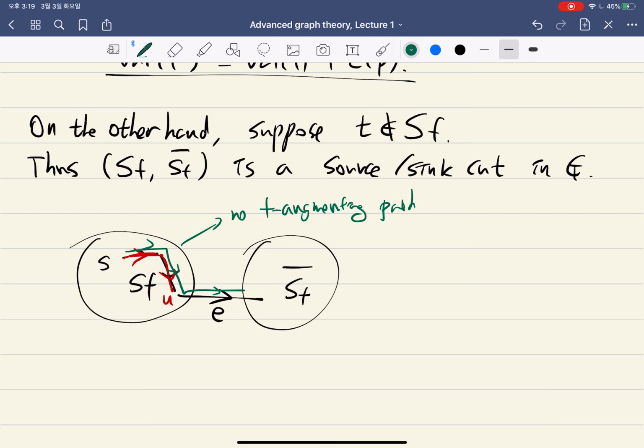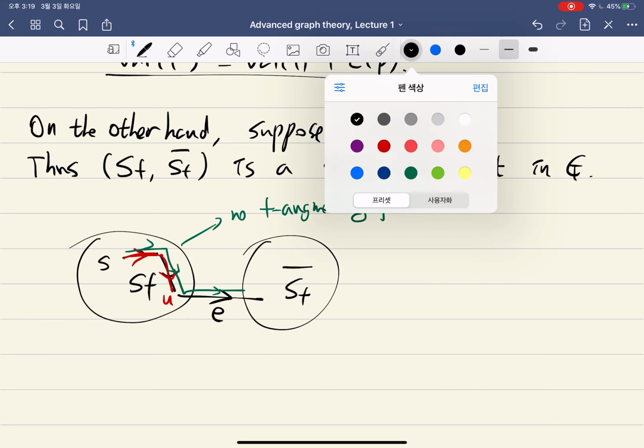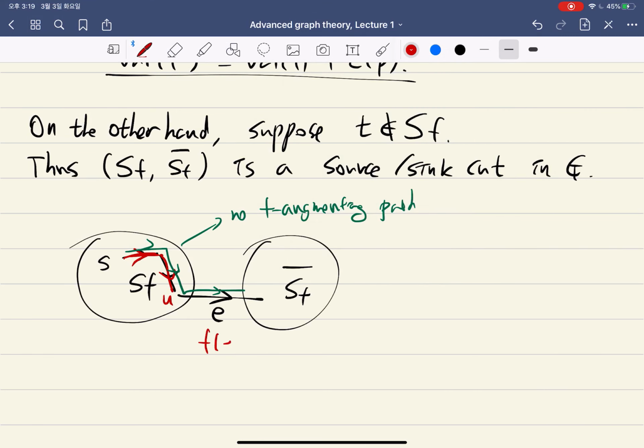That means f(E) is c(E). It's already full.